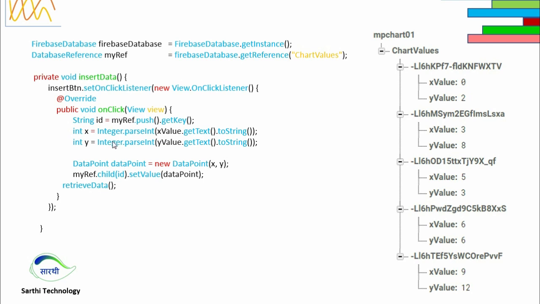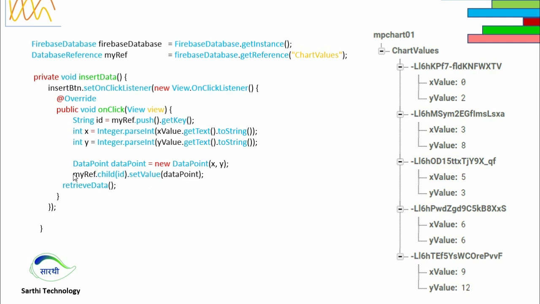Now we need to create an object of the POJO class that we have created. So here data point equal to new data point and pass this x and y to the constructor. Now in the next line, myref dot child and the id from here dot set value and this object data point.